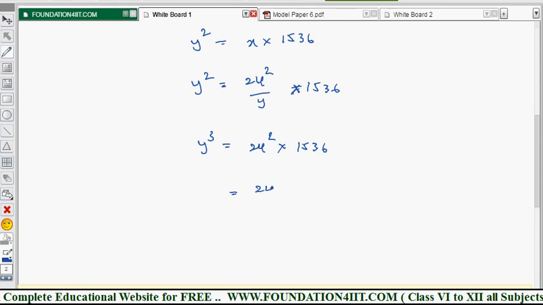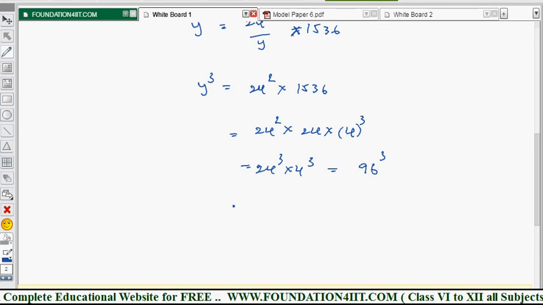So 24 square into 1536 is 24 into 4 cube into 64, that's why 24 cube into 4 cube. 24 into 4, that is 96 whole power 3. So based on this, y is equal to 96.